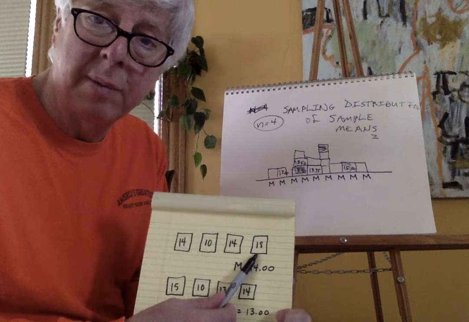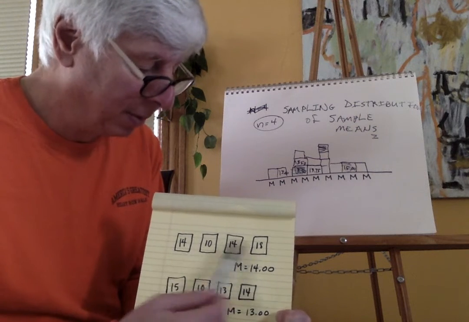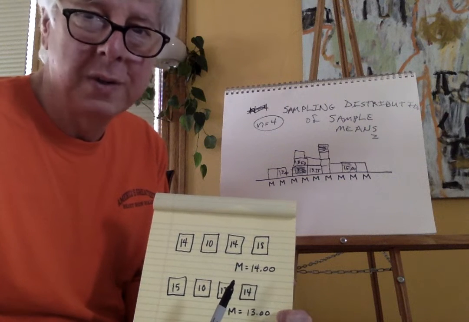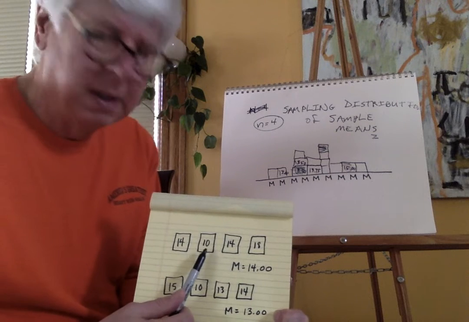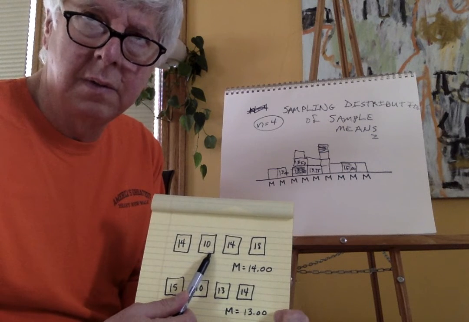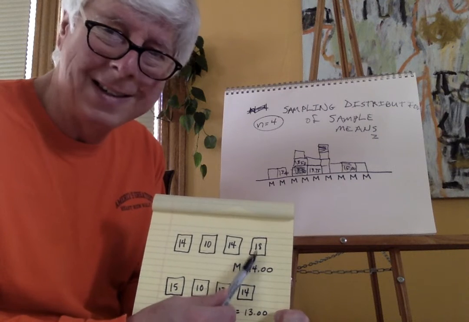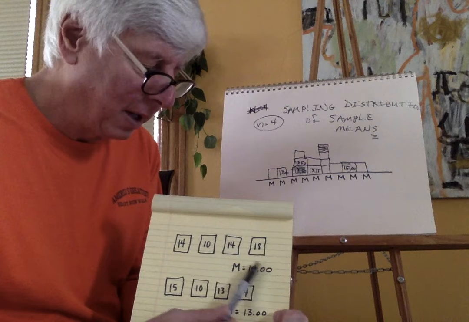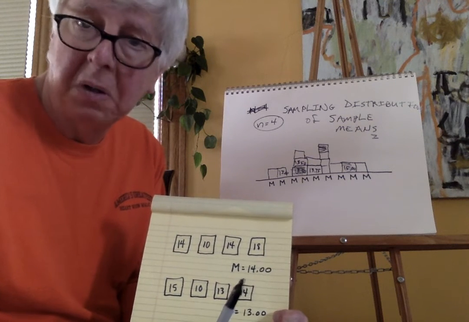When I calculate the mean for this sample, the mean is 14. Very interesting because this is a very extreme score from our original population, as is this. But they came together, and when I do the calculation for a mean, it's 14. Huh, interesting.